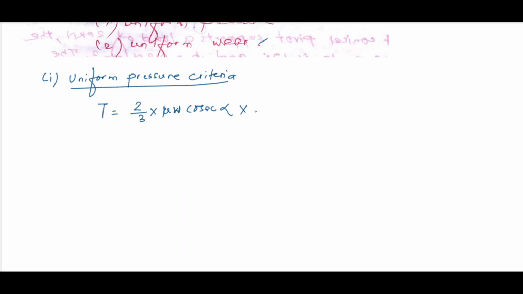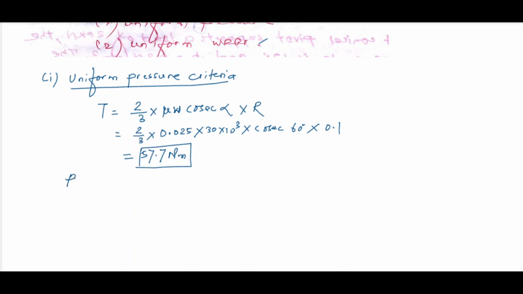Here we can choose this mean radius R. So it will be equal to 2 by 3 into 0.025 into 30 into 10 to the power 3 into cosec 60 into R, diameter is given 200, so R will be 0.1, so it is 57.7 Newton meter.